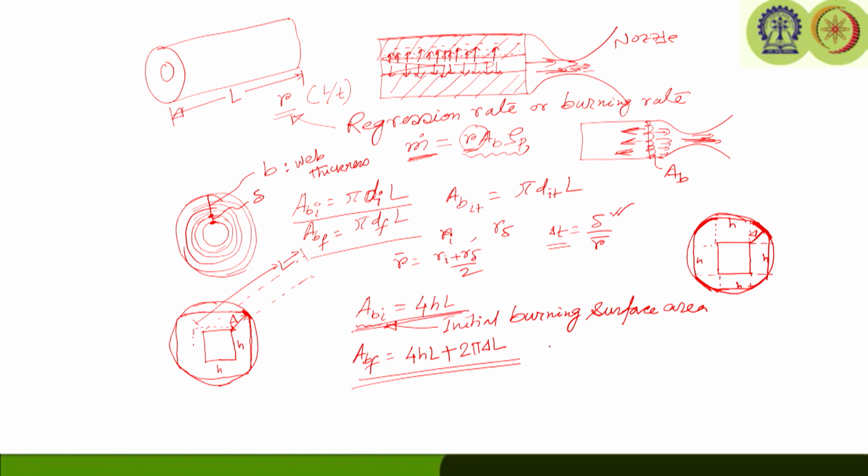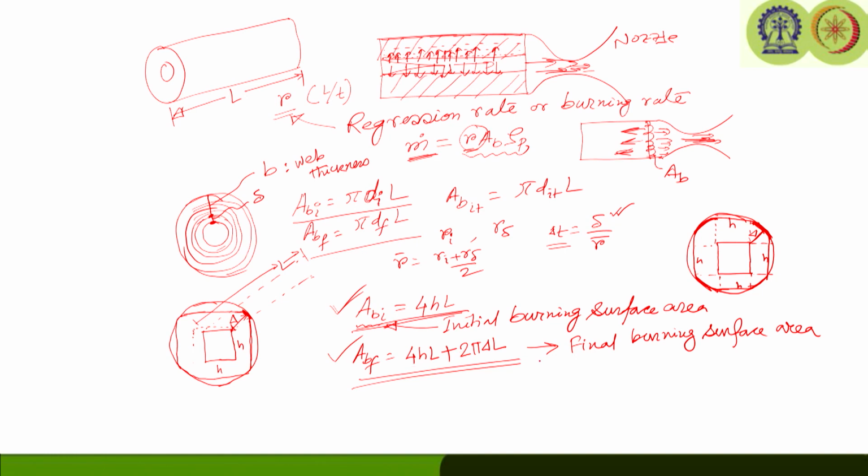This was the initial, this is the final burning surface area. So, one can easily find out the burning surface area if we know the value of H and the value of L. Some numerical problem one can try: let us say after a certain time instant it has reached the value delta, or the web thickness is delta, what will be the final burning surface area?